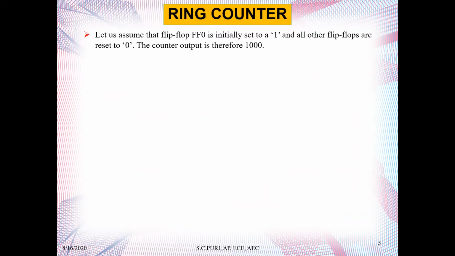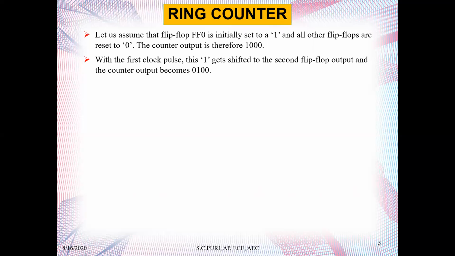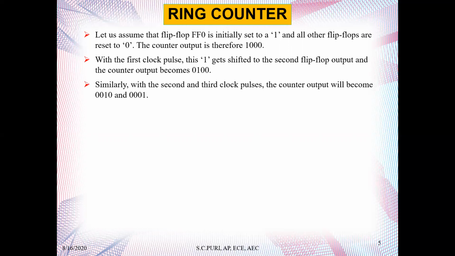Now let us assume that flip-flop FF0 is initially set to 1 and all other flip-flops are reset to 0. The counter output is therefore 1 0 0 0 for 4-bit operation. With the first clock pulse, this 1 gets shifted to the second flip-flop and the counter output becomes 0 1 0 0. Similarly, with the second and third clock pulses, the output becomes 0 0 1 0 and 0 0 0 1.